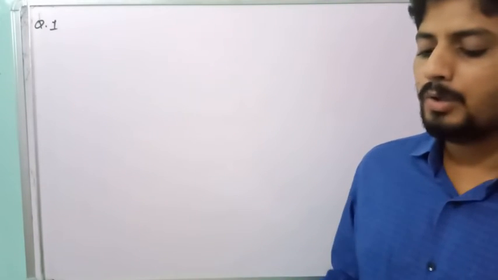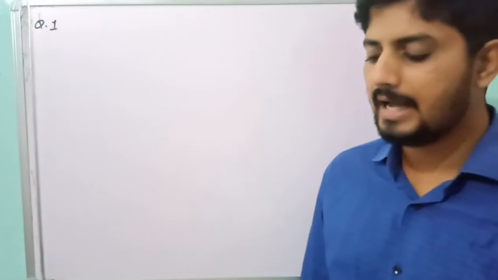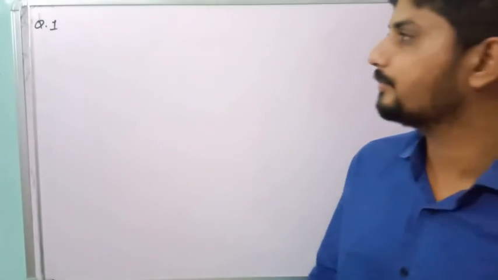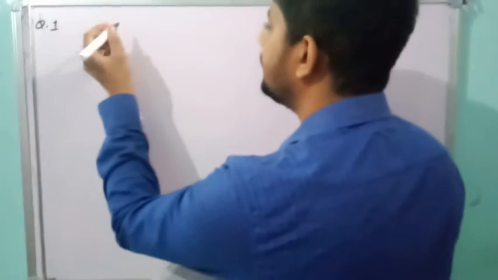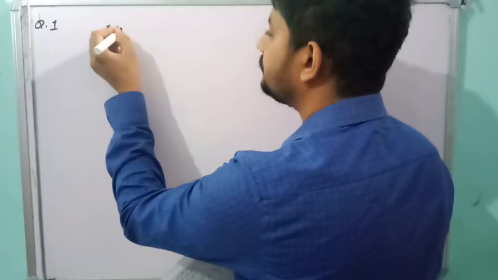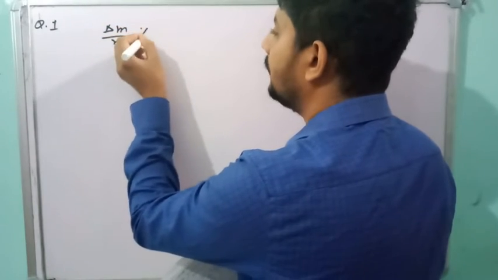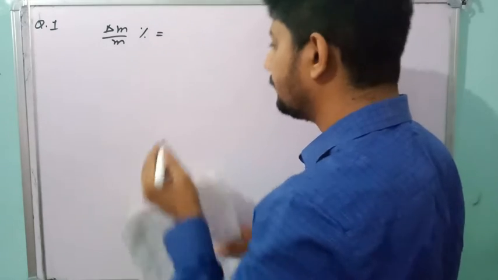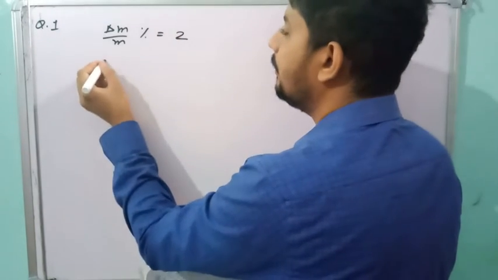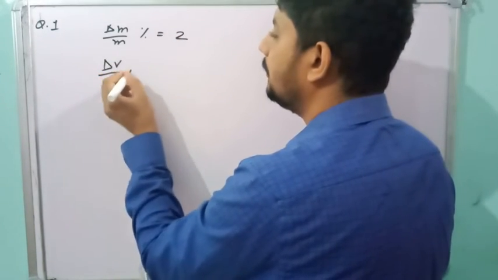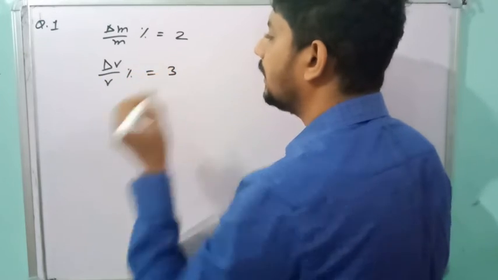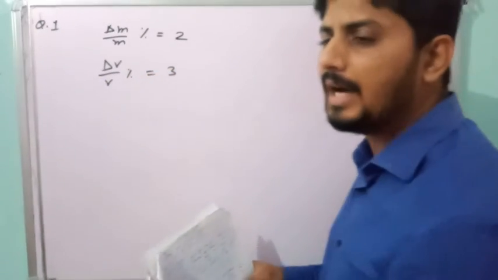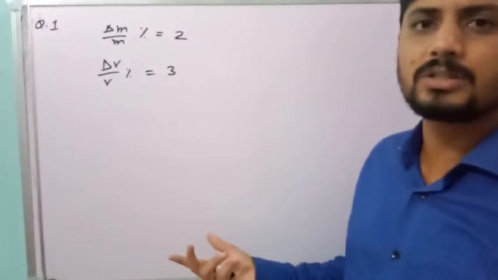The percentage error in mass is given as 2%, and the percentage error in velocity is given as 3%. Such kinds of problems we already discussed in our class notes as well.